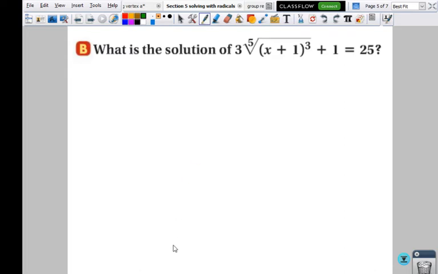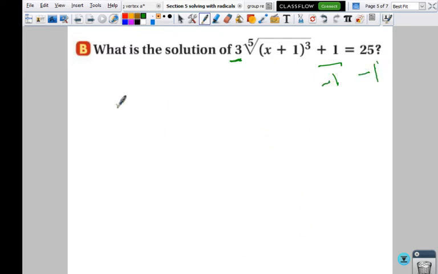So I am going to need to get rid of this 3 and the plus 1. What am I going to get rid of first? Plus 1. By doing the opposite, which is minus 1 on both sides. Minus 1, there we go.